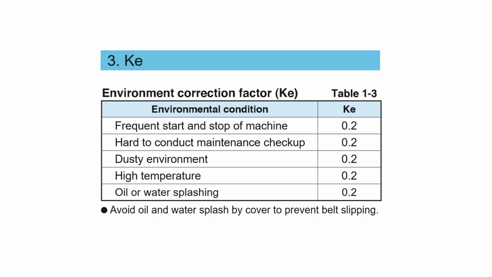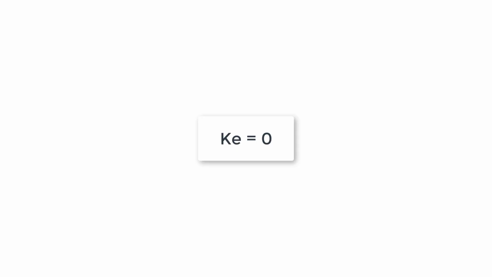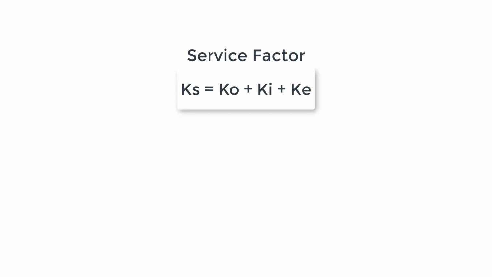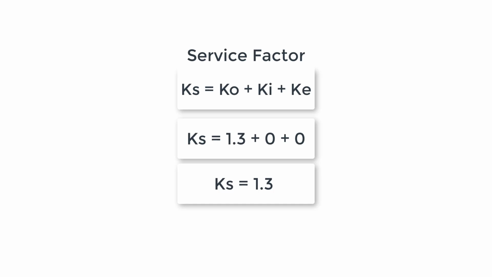In our case, the kind of environment of the machine is not stated, so our value of KE is 0. Since the service factor KS is equal to KO service correction factor plus KI idler factor plus KE environment correction factor, our value of KS service factor is 1.3.